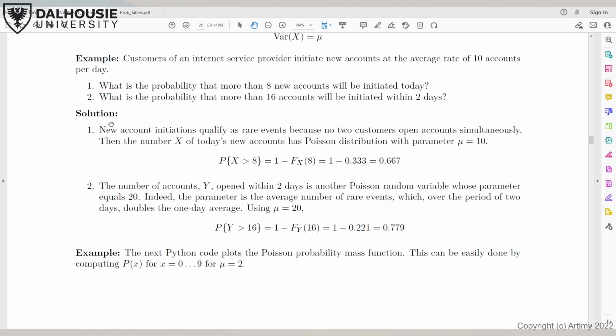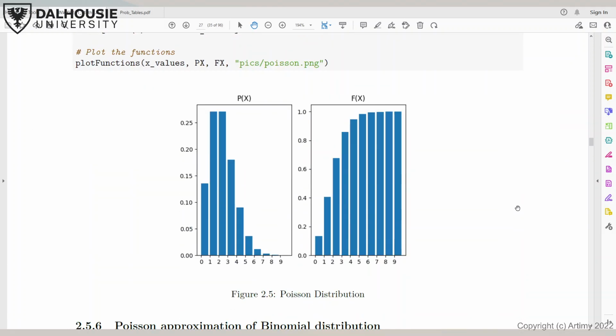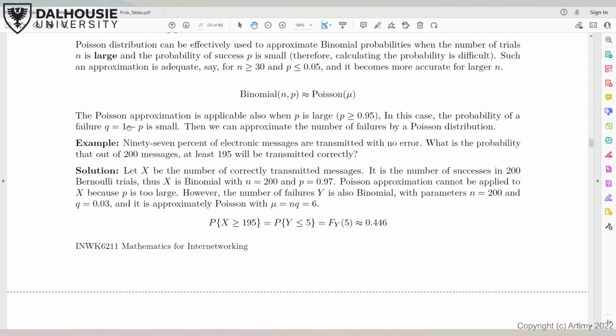So this is what the example here is saying. If I go down to the example: 97% of electronic messages are transmitted with no errors. What is the probability that out of 200 messages, at least 195 will be transmitted correctly? You can see here that I have large numbers.